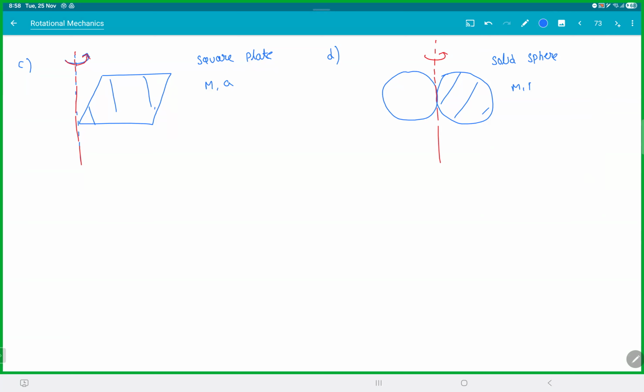Solid sphere, mass M radius R, hollow sphere, mass M radius R. Let's get them.